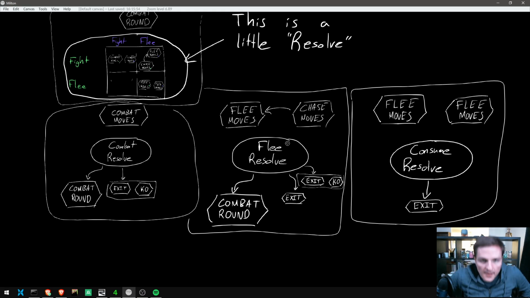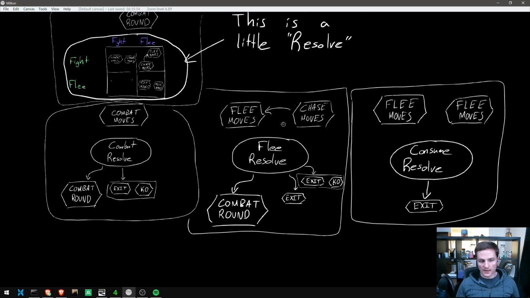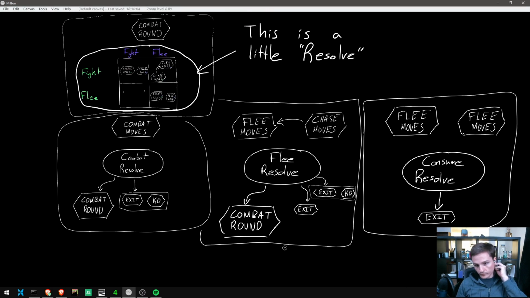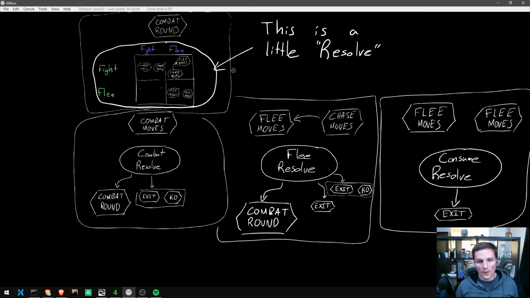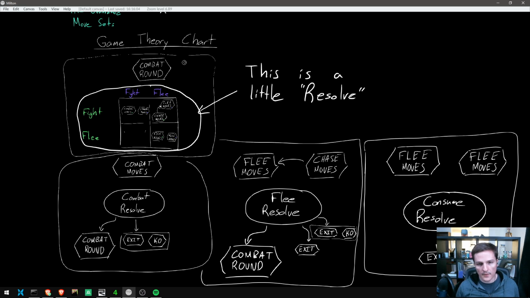And then I guess what I'm saying is that for each of these patterns of states that I want to support, well, here's why I'm thinking about that. For each pattern of states that I want to support, there's a resolve for it. There's a code path for that state.